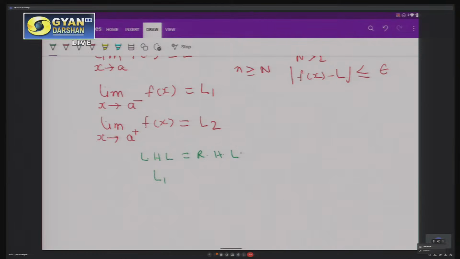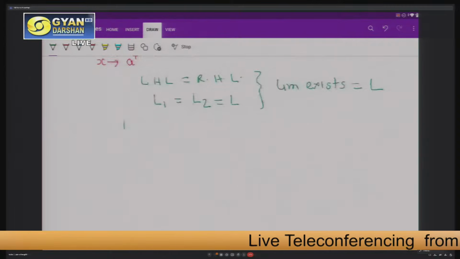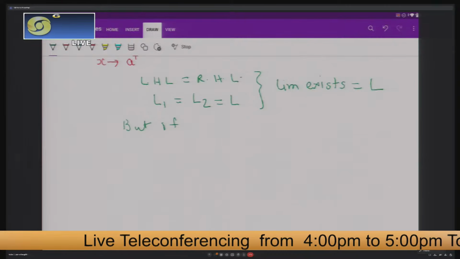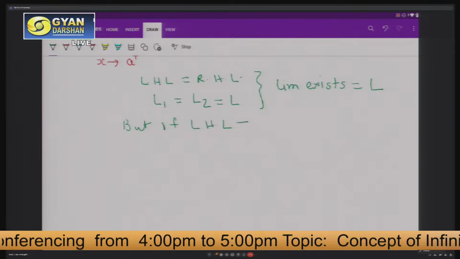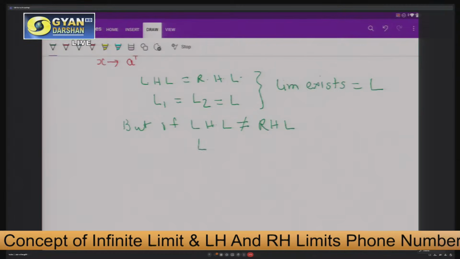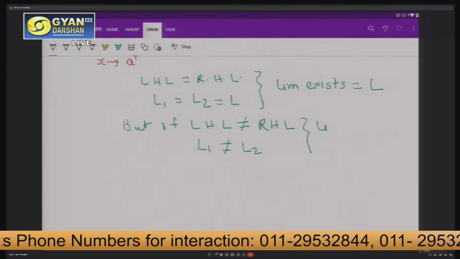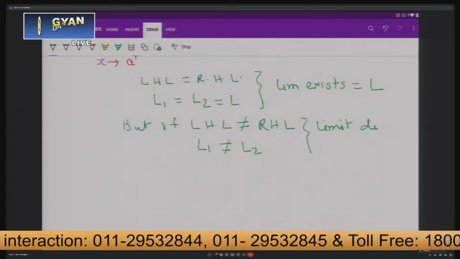It means when L1 is equal to L2, say it is equal to L, the limit exists and is equal to L. But if the left hand limit and right hand limit are not equal, it means L1 is not equal to L2, then this means that the limit doesn't exist.